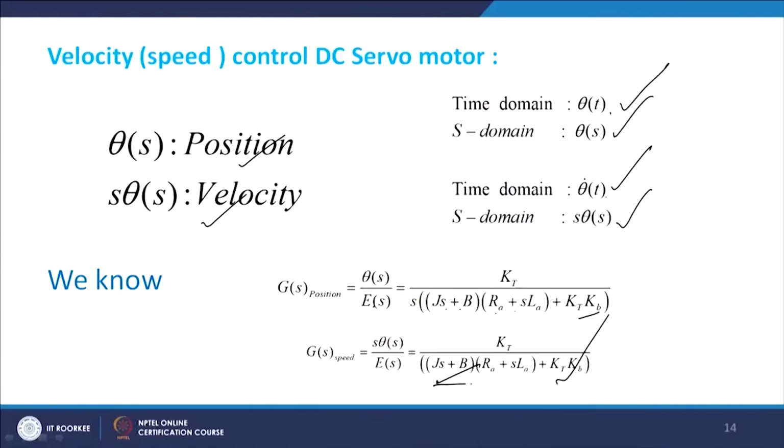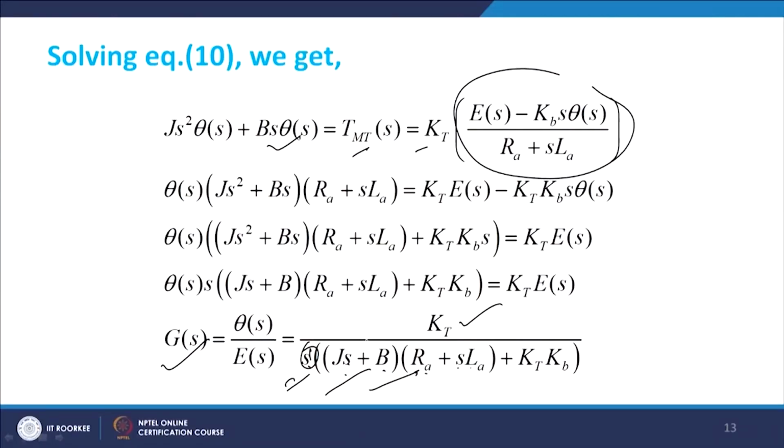This is a second order system, and you know that when all the coefficients are positive, the system is always stable. So all these are positive, and this model is a stable model, that is open loop stable. And this is third order, that is the armature control model, particularly the position control model, is third order, whereas the speed control model is second order.